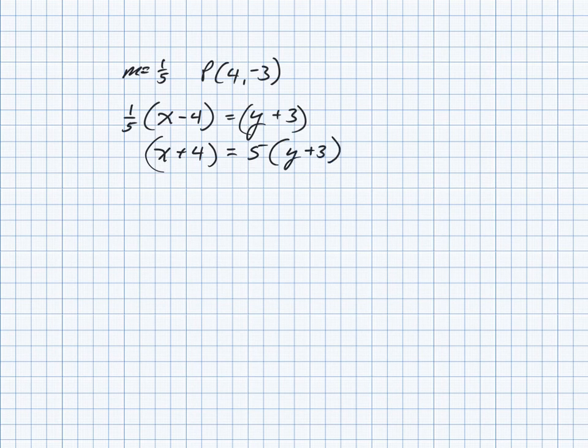And we can remove the parentheses on the left and distribute the 5. And our final step is to get the x and the y on the left and all the constant values on the right. So x, bringing the 5y to the left, makes it a negative 5y. And now we'll get rid of that 4 by subtracting 4 from both sides, leaves us with 11. So this is the equation in standard form.